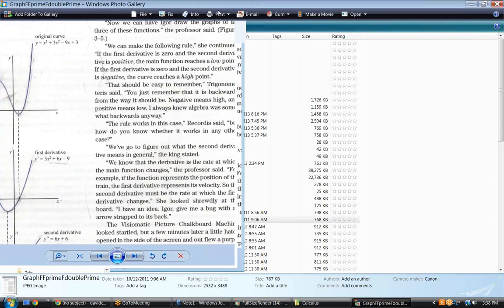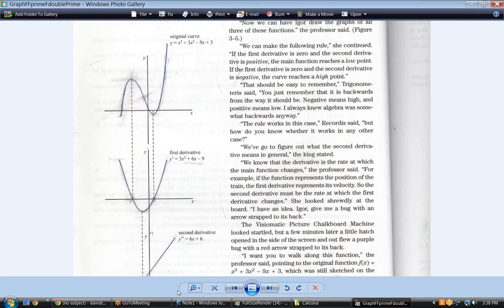What you have here are 3 functions plotted one below the other. This top function is the function. This function is the first derivative of this function, and this one is the second derivative.